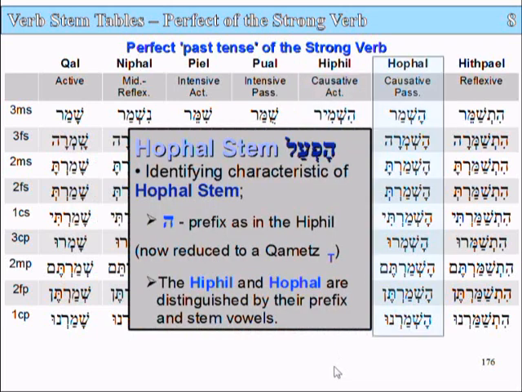And moving on to the hofel, it's very similar to the hifel, except the hay prefix, as in the hifel, is now reduced to a kametz, as opposed to chirik. And the hifel and the hofel are distinguished by their prefix and stem vowels, so just slightly different vowels here as opposed to here.